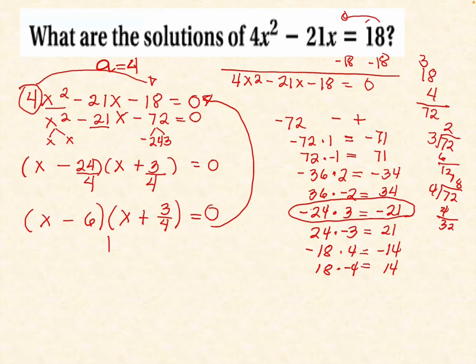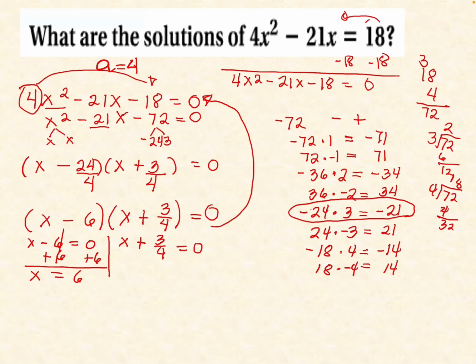And then let us equate the two factors to 0. x minus 6 equals 0, and x plus 3 over 4 is equal to 0. Solve the first factor: get the opposite of negative 6, that is positive 6. So x is equal to 0 plus 6, that is 6.